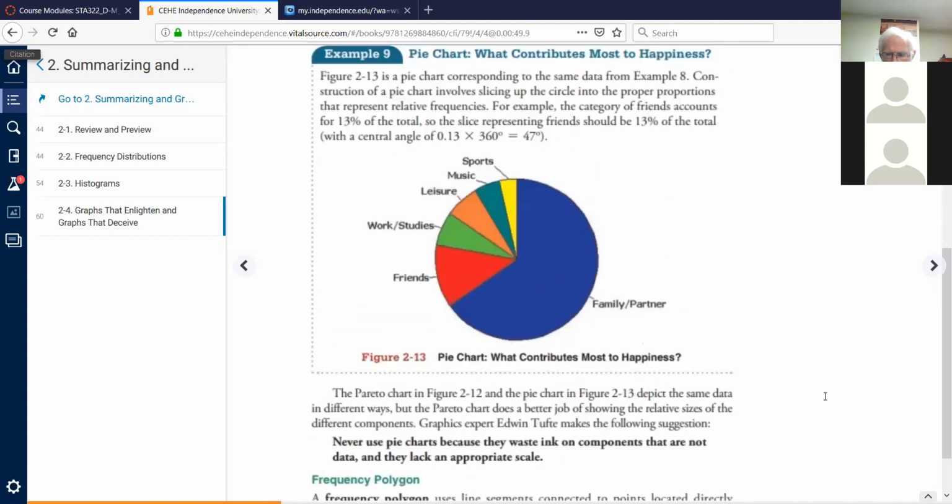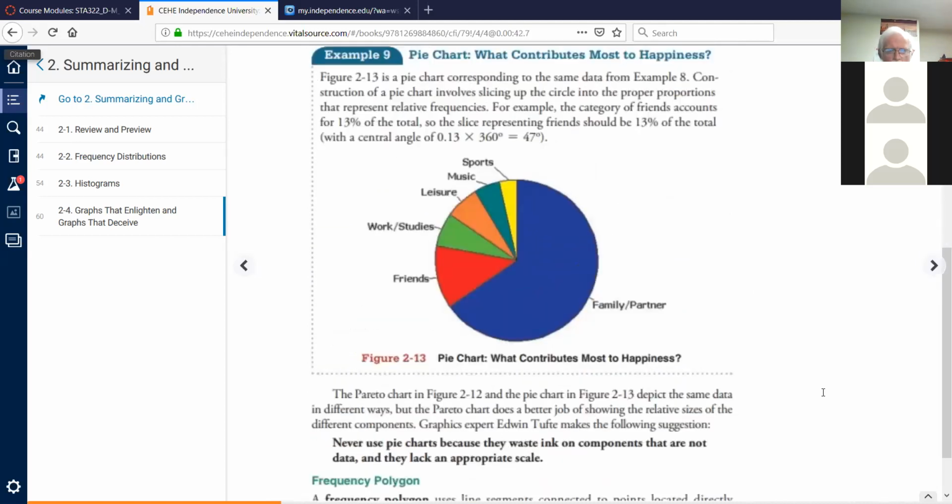I want to go to pie charts. Pie charts are a common method that we use to compare data. Pie charts can be useful, but the problem is that it's difficult to read these things, okay?